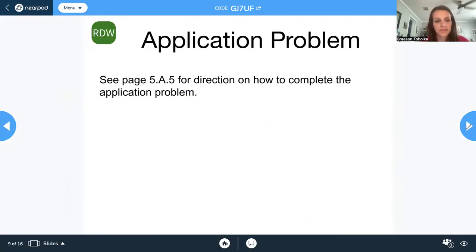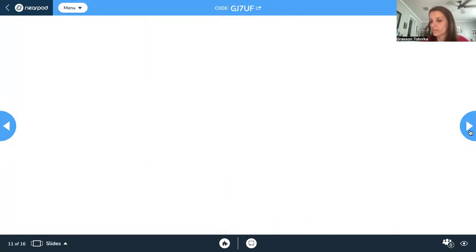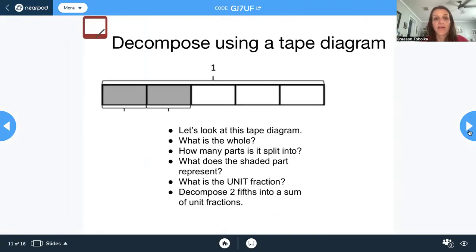So we're going to slide 11. All right, it says we are decomposing using a tape diagram. So at the top, you can see that we have 1, but it is broken into 1, 2, 3, 4, 5 pieces. And how many are shaded? Good. There's 2 shaded out of the whole amount.